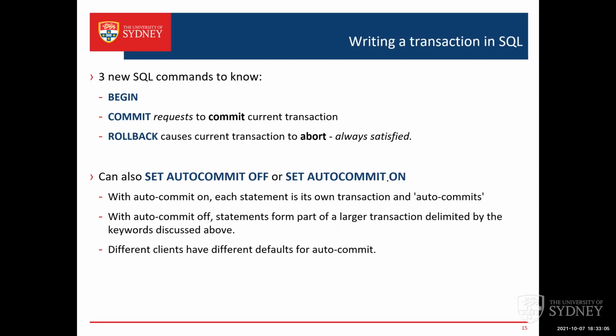Auto commit on or off means, when I am writing all of the statements in PostgreSQL, right? Since auto commit is on, when I write a statement, insert into, let's say, student, all the values, that is saved. Because auto commit is there, that simply means after every statement, there is a commit. But when I have a group of statements, now think about what is happening.